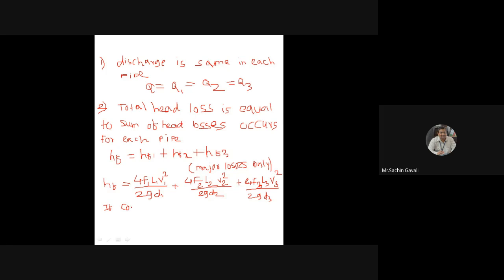If coefficient of friction is same for all pipes, okay, then this HF will be equal to, who will tell? 4 will be common, F will be common, so 4f upon 2g we can take common, where F is now coefficient of friction is same for all pipes, means only one coefficient for all pipes.